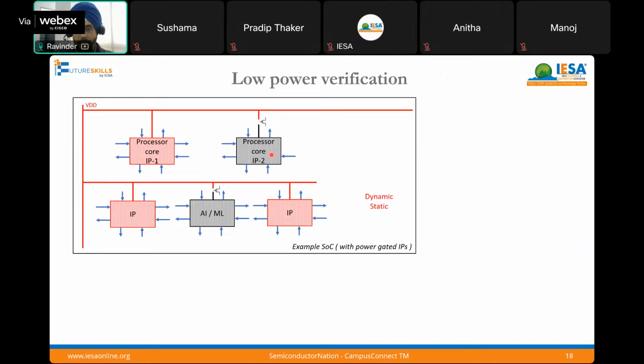Because any logic that has power will consume power. If it is actively working, with nodes toggling, it will have dynamic power consumption. And even if the clock is switched off, it will still have static power.